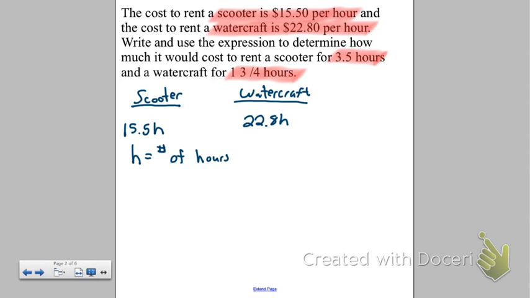All I have to do is substitute in for the number of hours. So for the scooter, it's 15.5 H, and in place of the H, I'm going to substitute 3.5 hours. So when I do 15.5 times 3.5, my answer comes to $54.25.